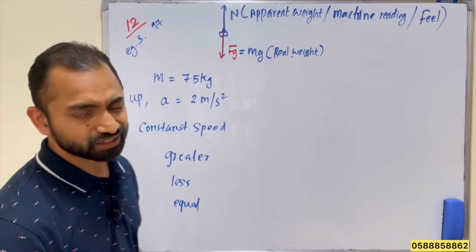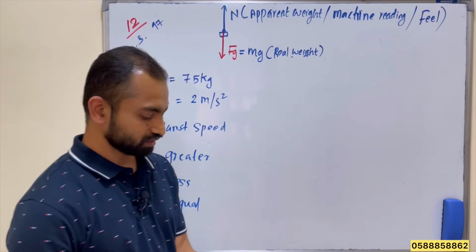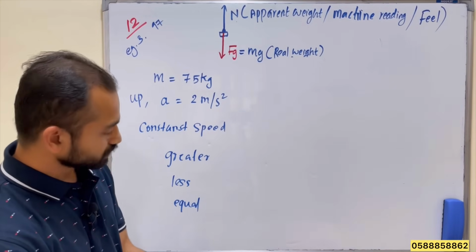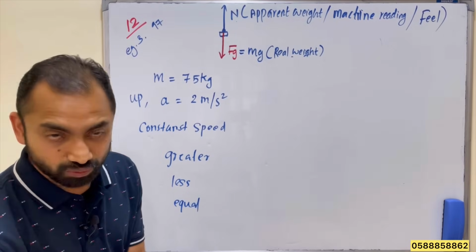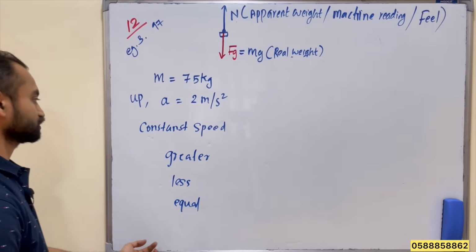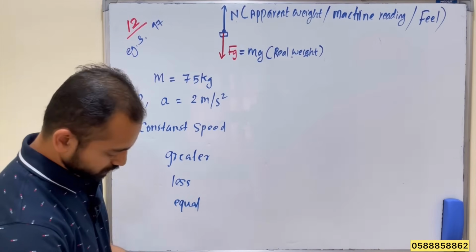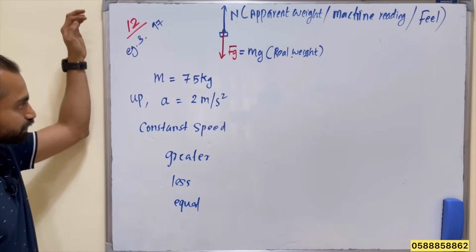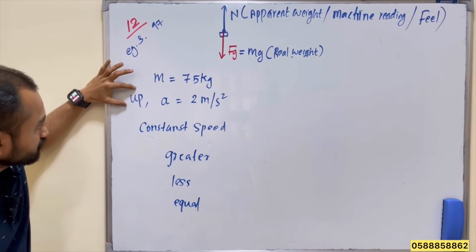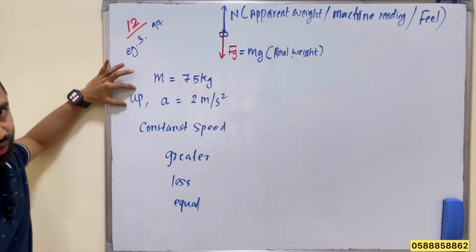Without calculation, we can tell whether it is less or more. And as the values are given, we will do the calculation also. If there is a question to calculate the apparent weight, you can use that equation and calculate. So here the elevator is moving up and accelerating, right?